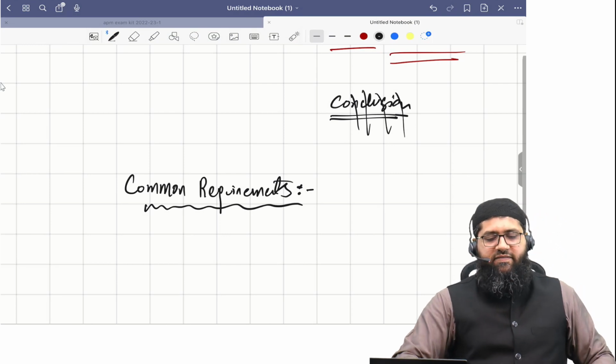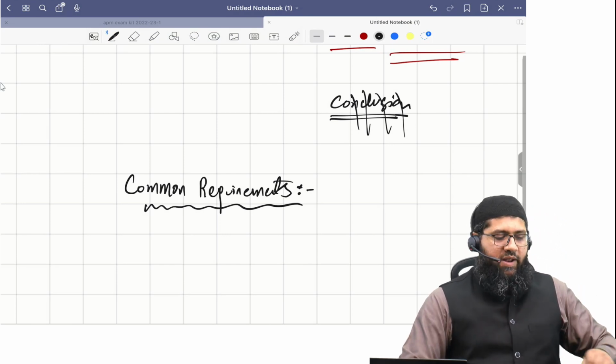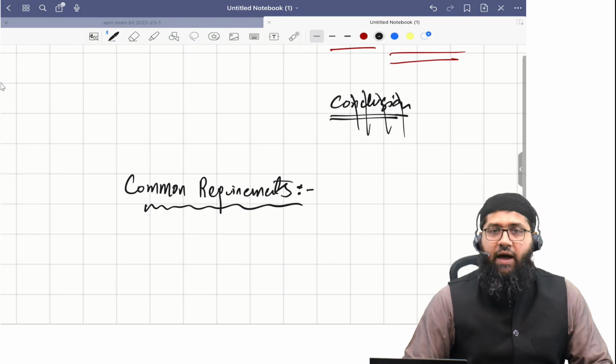The common requirements that actually exist are what?